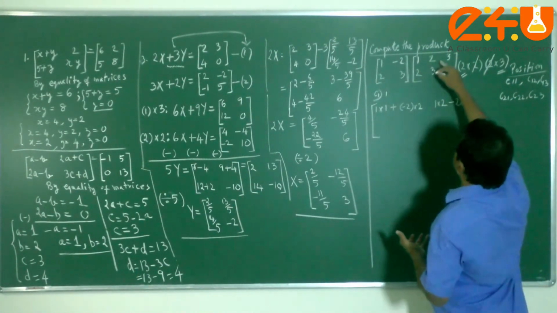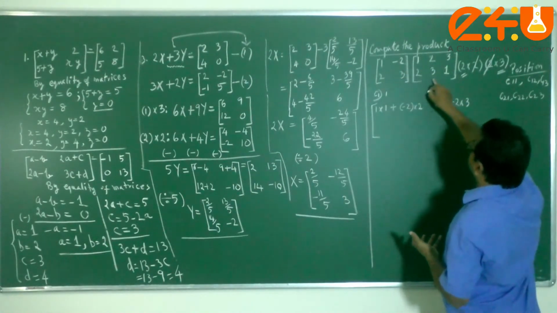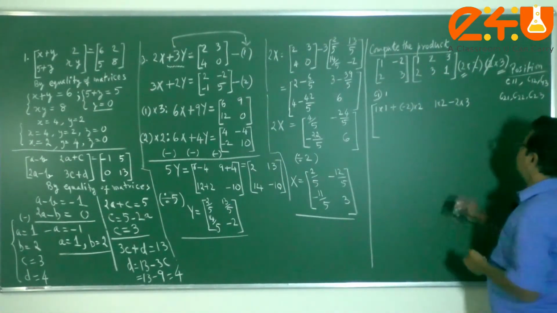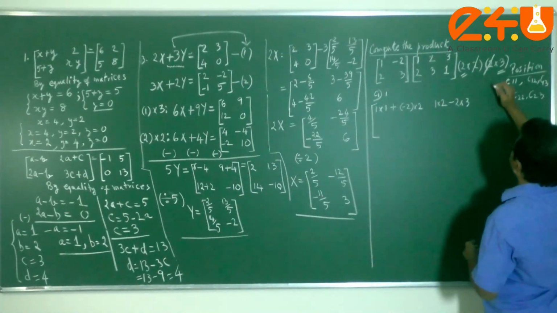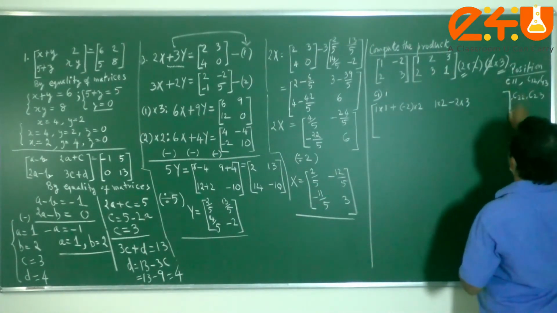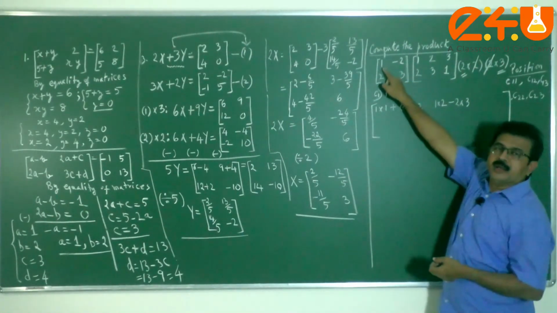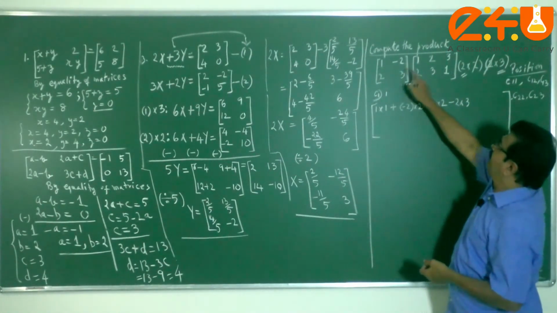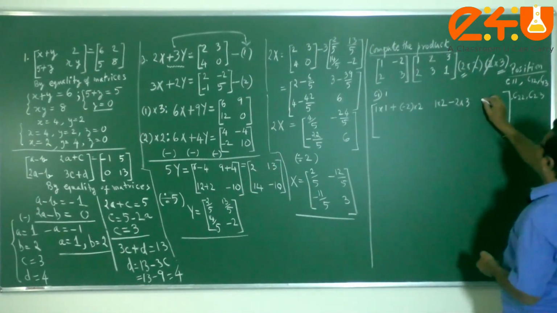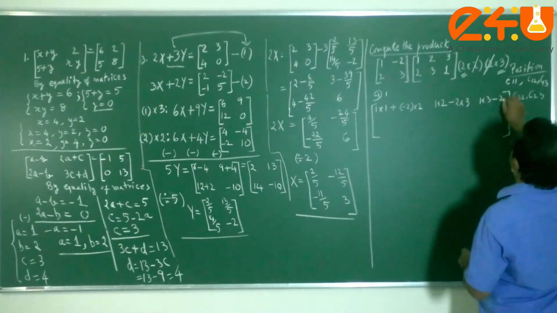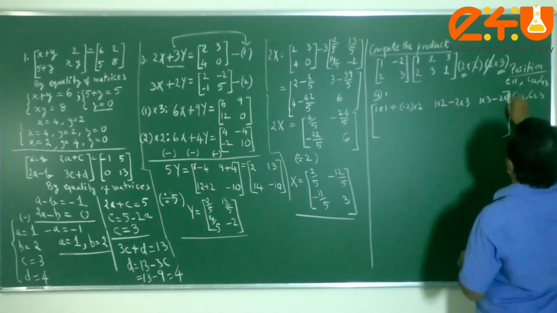It is 1 into 2 minus 2 into 3. Then we can move on to position C13. Taking elements from row 1, column 3, you get 1 and 3 are paired, negative 2 and 1 are paired.